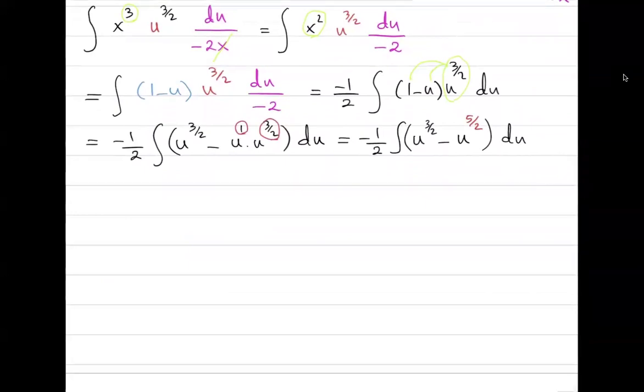Remember that if you have the integral of u to power n du, it is u to n plus 1 divided by n plus 1 plus constant of integration.